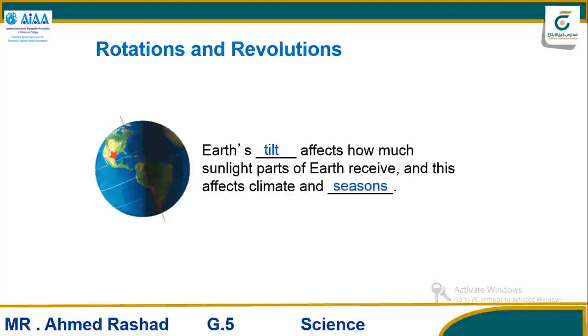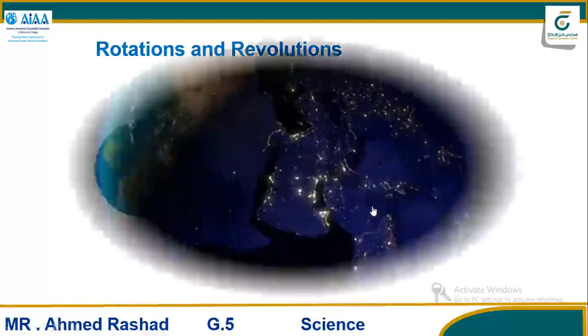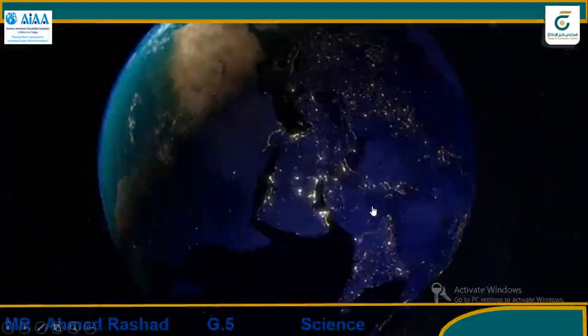You can see the tilt of the Earth by its axis, the rotation of the Earth around its axis, and its revolution around the sun, and this affects the climate and the seasons. You can watch this video as a summary of everything we talked about today. This is lesson number 1 in this chapter, about the movements of the Earth in space.